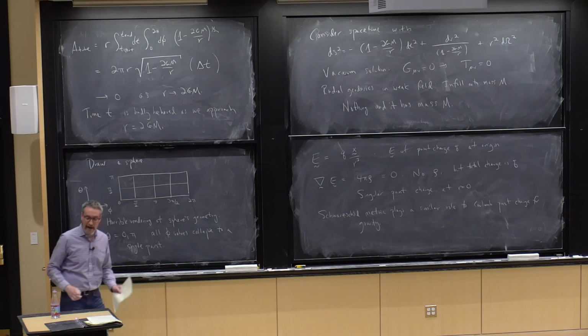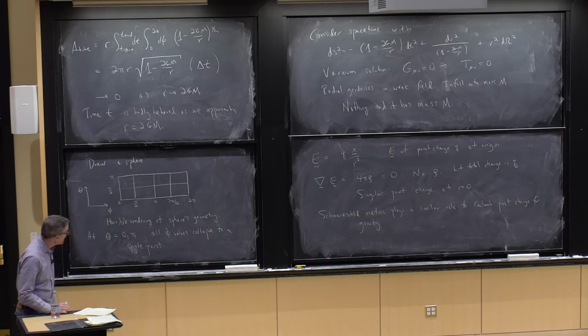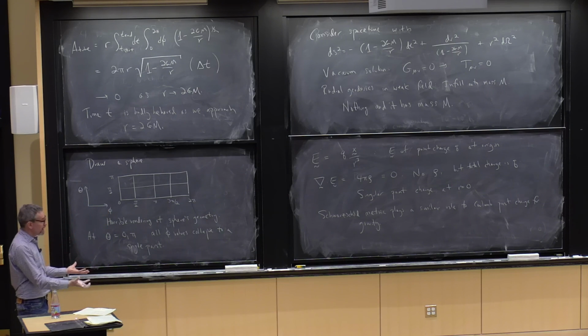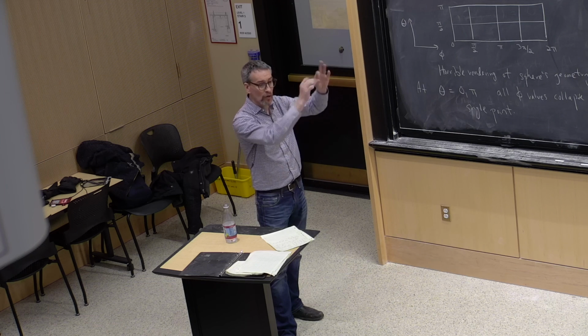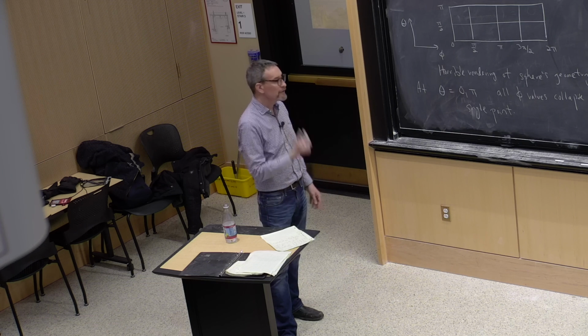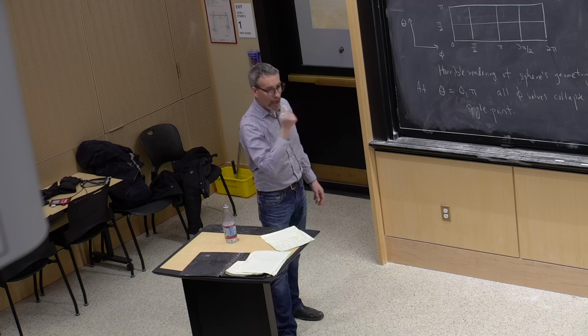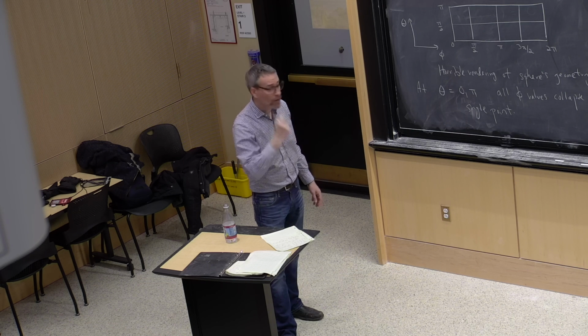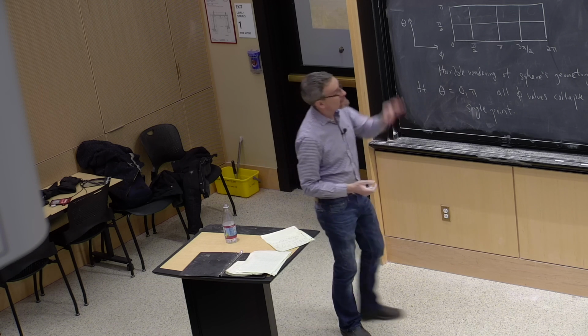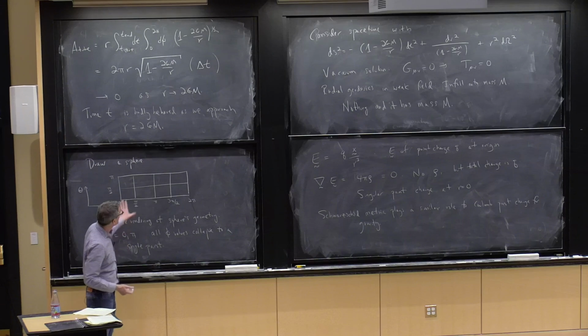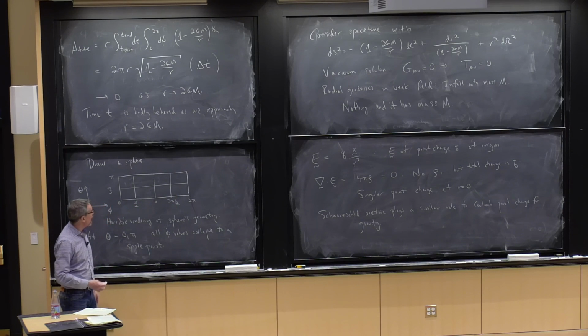And this is reflected in the fact that if you look at a globe, all lines of longitude cross at the North Pole and the South Pole. Every value of the azimuthal angle on the surface of the Earth becomes singular at the North Pole and the South Pole.